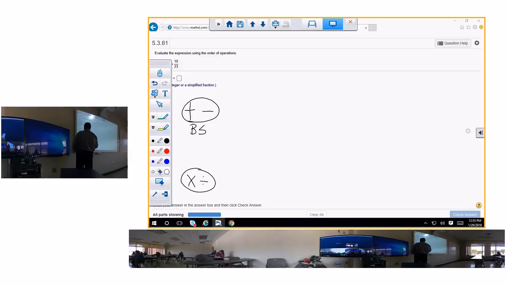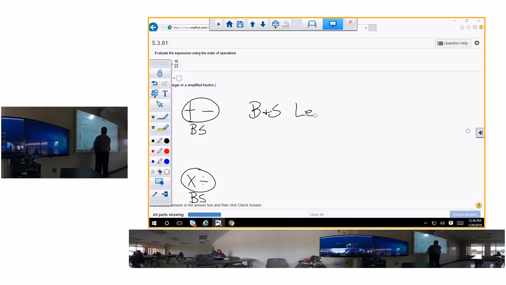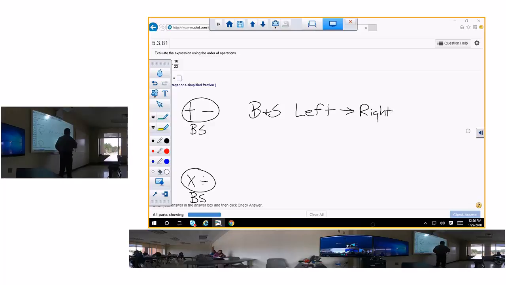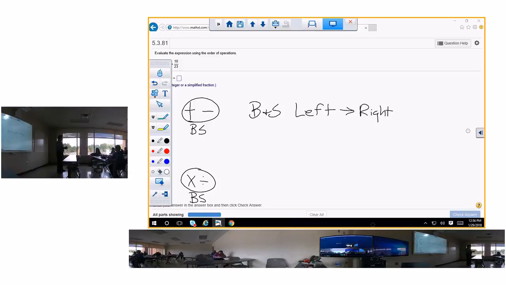If you have brother and sister in a mathematical sentence, you go left to right. Brother and sister go left to right. You ever seen, I'm a Facebook nut, you ever seen on Facebook where they have this math problem and down below it you got 15 different answers?